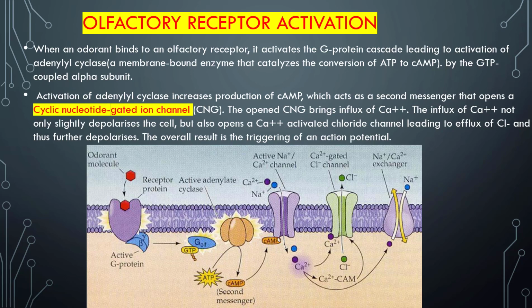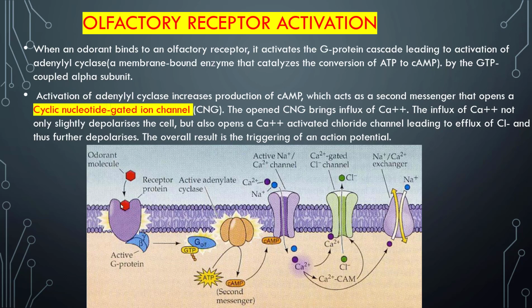Here you can see that this is a G coupled protein. It has three portions. One portion is the extracellular portion. This is the receptor portion to which the odorant or any other ligand is attached. Then a transmembrane portion, and an intracellular portion in the cytoplasm, which contains alpha, beta and gamma subunits.